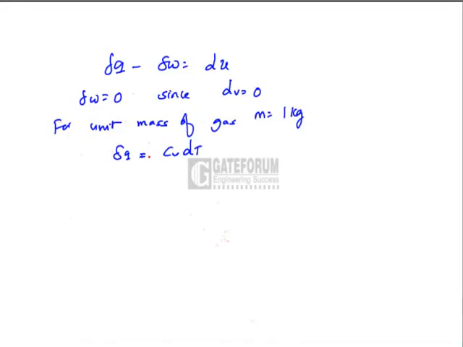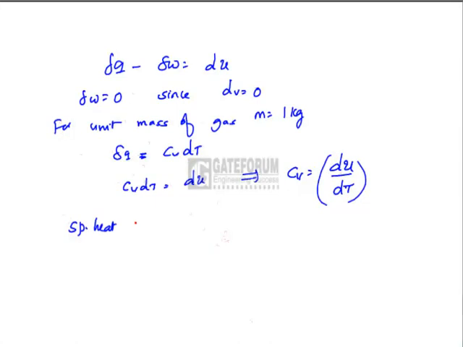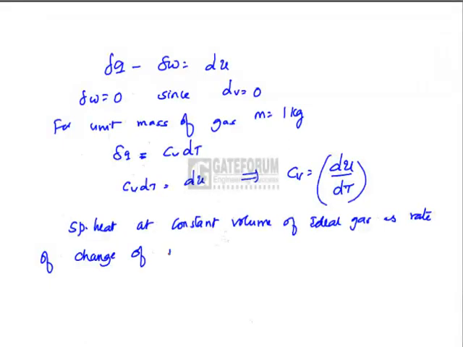For differential heat supplied delta Q, CV dT is equal to du, implies CV is equal to du by dT. Hence, specific heat at constant volume of ideal gas is rate of change of internal energy of gas with respect to temperature.